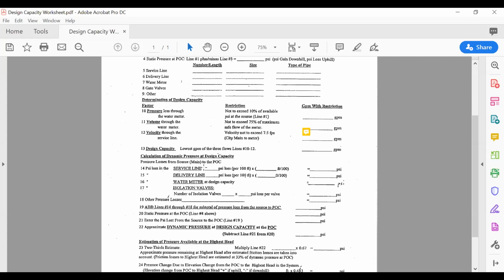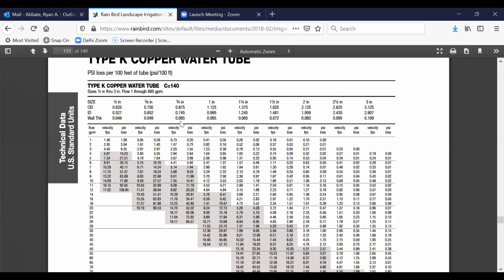So we know our service line is type K copper, and we're dealing with 10. So we go look at our charts. At our 3/4 inch, we have 10 gallons per minute. So the pressure loss should be 14.41 PSI per 100 feet.